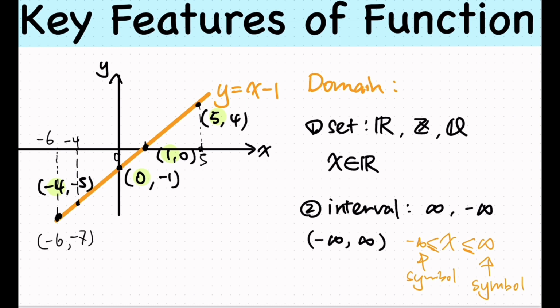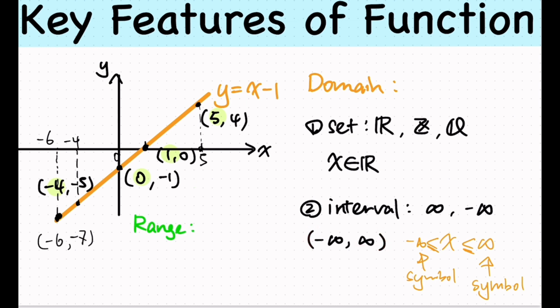Let's say there's a very, very large number such as 1,000 trillion, but when you add 1 on top of that number, this new number becomes a bigger number. So infinity can never be a specific number. So when it comes to infinity or negative infinity, we always use the less than or greater than sign. So we always use the parenthesis rather than the bracket when infinity is involved.